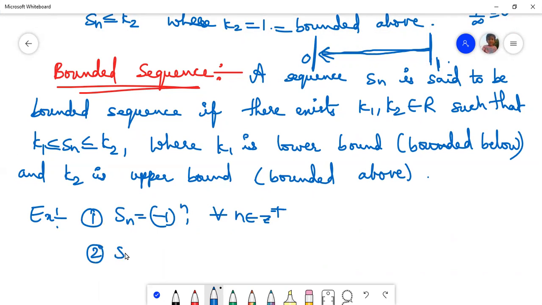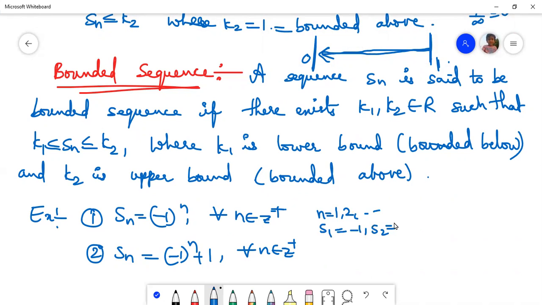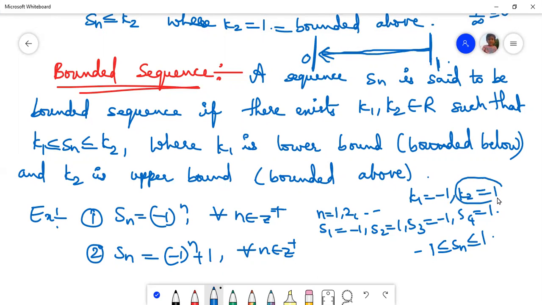Suppose we substitute n equal to 1, 2, 3, then S1 is equal to minus 1, S2 equal to 1, S3 equal to minus 1, S4 equal to 1. So minus 1 is less than or equal to Sn is less than or equal to plus 1. Here K1 is equal to minus 1, K2 equal to plus 1. K2 is the upper bound, K1 is the lower bound.